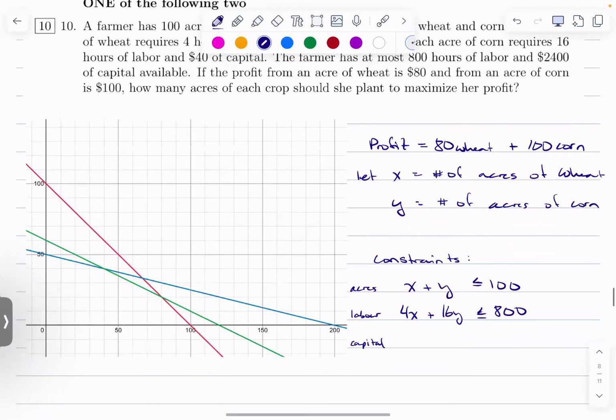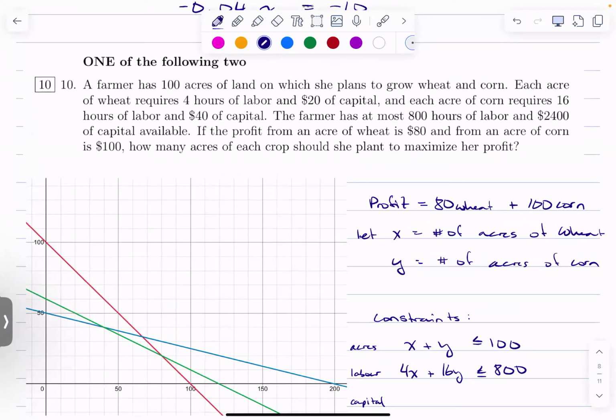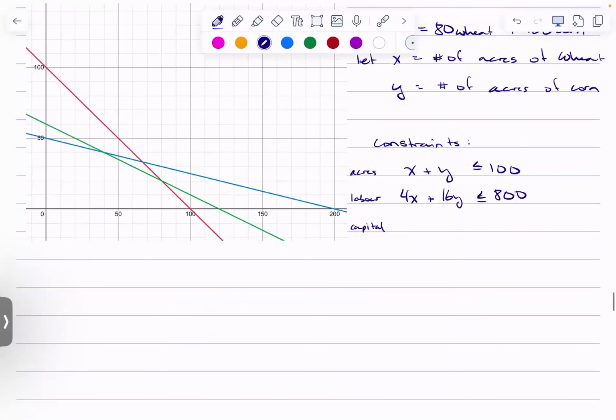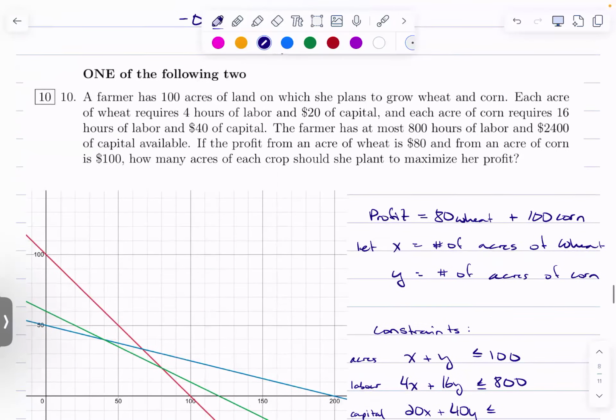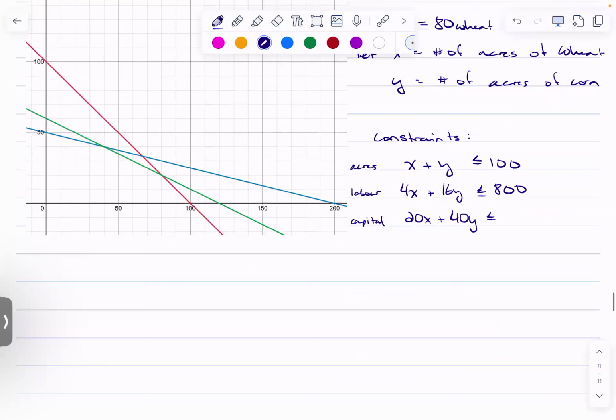For the capital, 20x plus 40y, and she has 2,400.